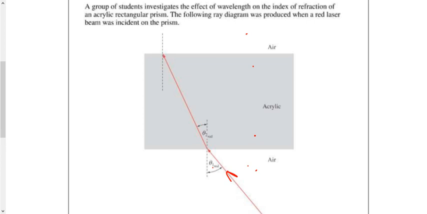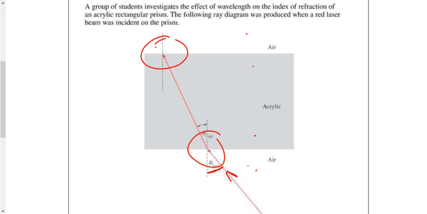What do you think this angle is going to be compared to this angle out here? It's the same, right? Think about that. It's the same. If light slows down a certain amount when it goes through this boundary, then it's going to speed up by the same amount when it goes in reverse.